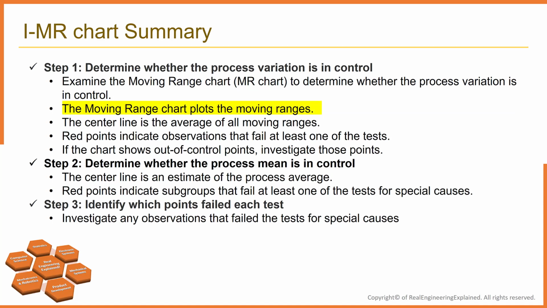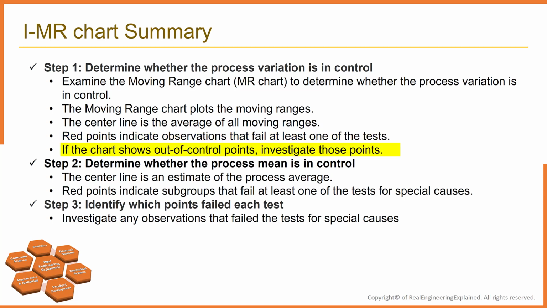The center line is the average of all moving ranges. The control limits on the moving range chart, which are set at the distance of the 3 standard deviations above or below the center line, show the amount of variation that is expected in the moving ranges. Red points indicate observations that fail at least one of the tests for special causes.